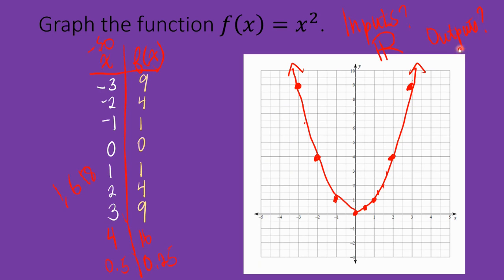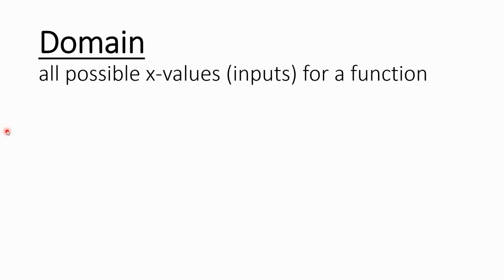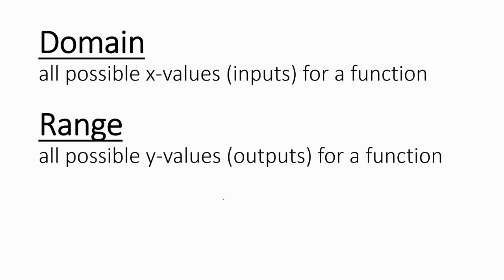So our outputs were actually all numbers that were 0 or bigger, only positive numbers. So what I'm going to say is y, because our outputs are y, is greater than or equal to 0. All numbers bigger than 0. So there's a fancy word for this, for all possible inputs and all possible outputs. And those words are domain for the inputs and range for the outputs.